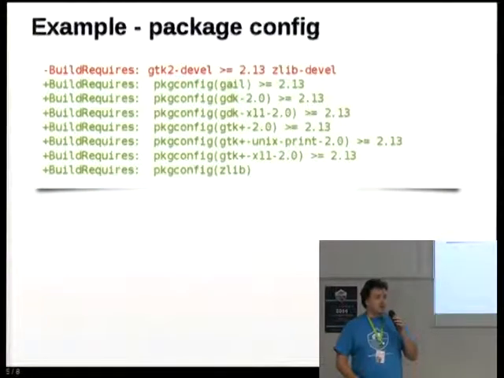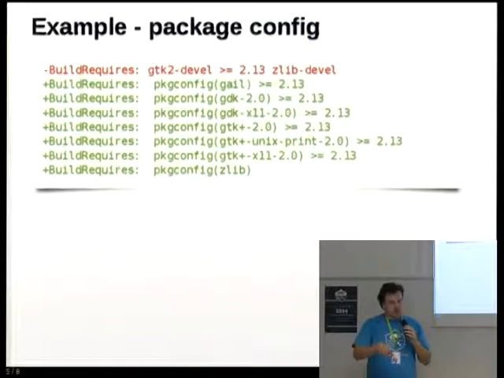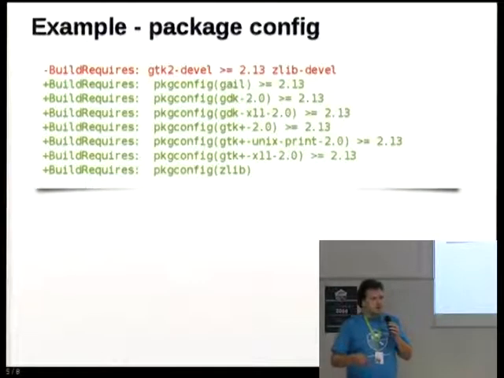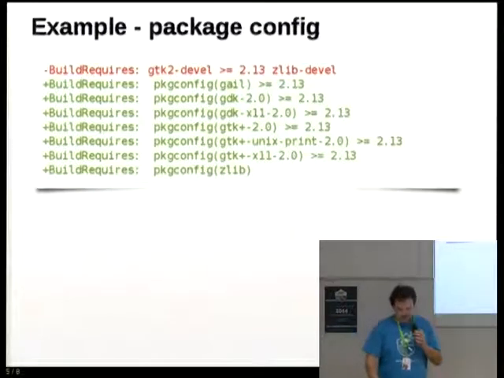So it knows some of the mappings between devel packages and package config, so it automatically replaces, if you ask it to, all these dependencies with package config dependencies. So if for whatever reason we split the package or change the name of the devel package, you will still have these package config provides, and your package will still build.